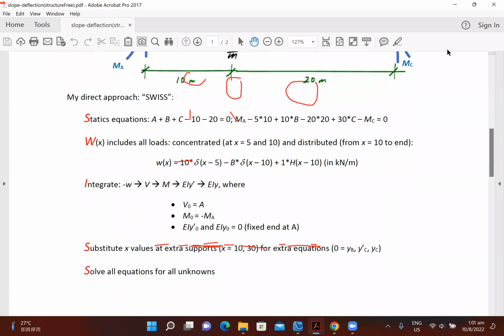I know that in order to get my shear force, I need to integrate minus W and add the initial term, which is A in this case. We can take a look at that.